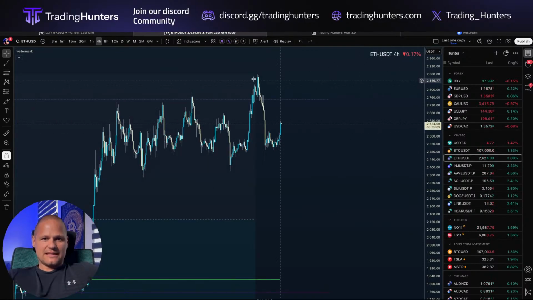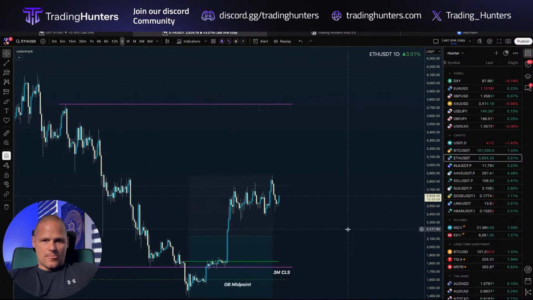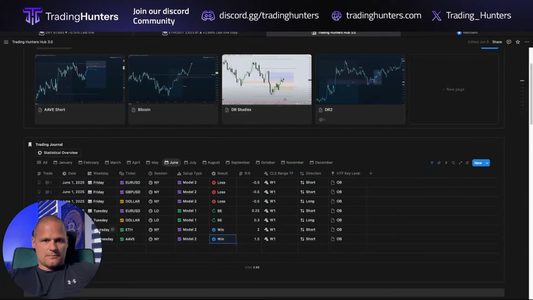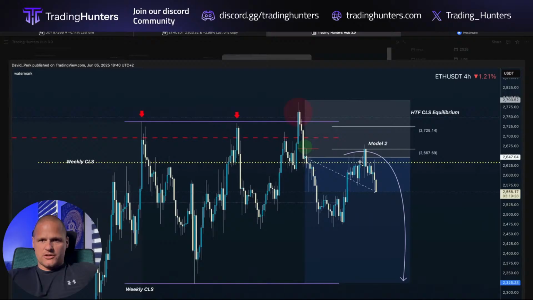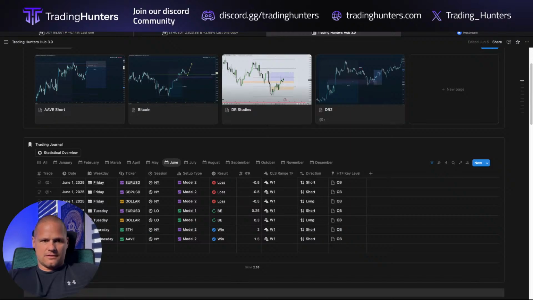Next one is Ethereum. In here, look, I actually had the trade, closed it in this one. So that was this model number 2 in here. Price dropped lower. I closed some profit in here.